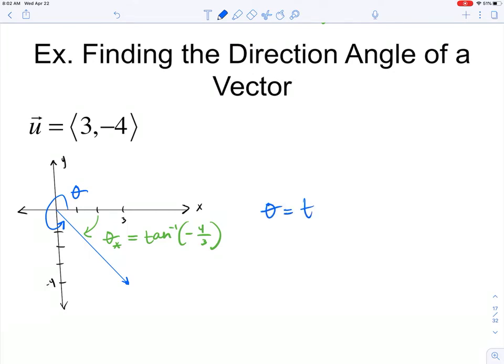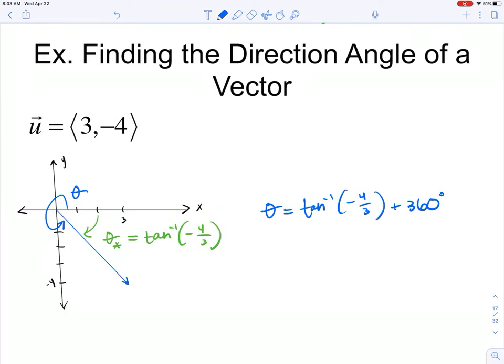To find the actual direction angle, theta is going to be inverse tan of -4/3 plus 360 degrees, or plus 2 pi. That's going to be the exact value of the direction angle.